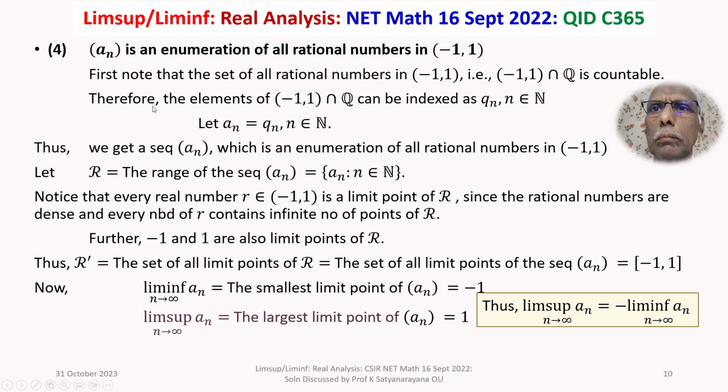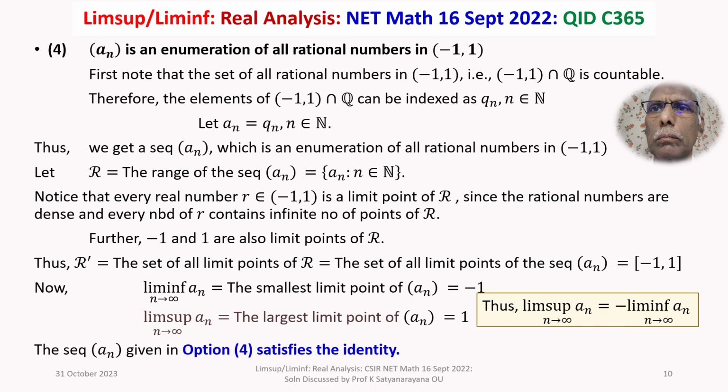So this sequence An, which is an enumeration of all rational numbers in the open interval -1 to +1, also satisfies the identity. So the sequence An given in option 4 satisfies the identity. Agreed.